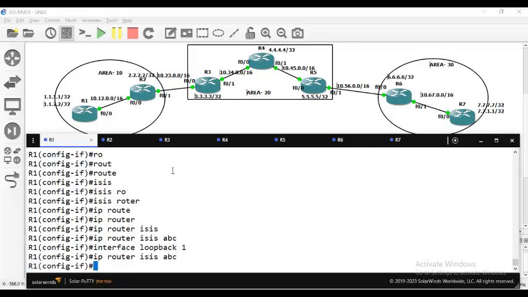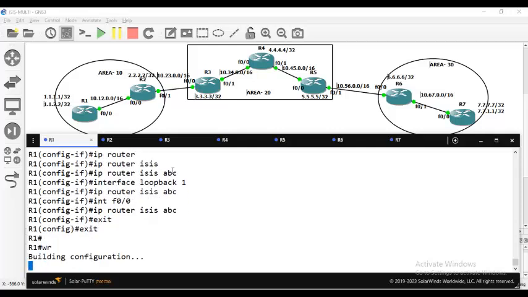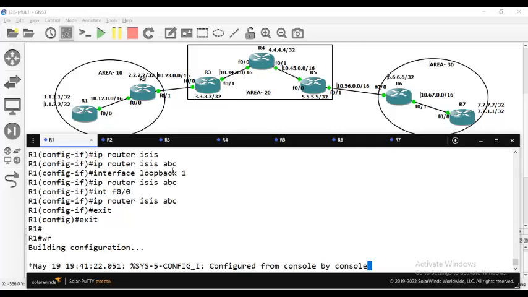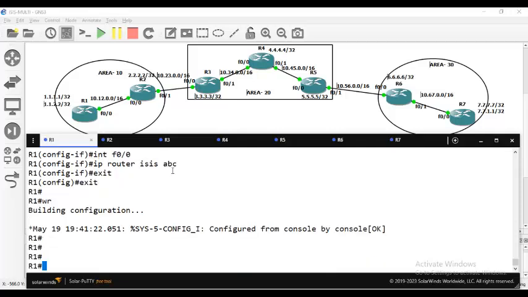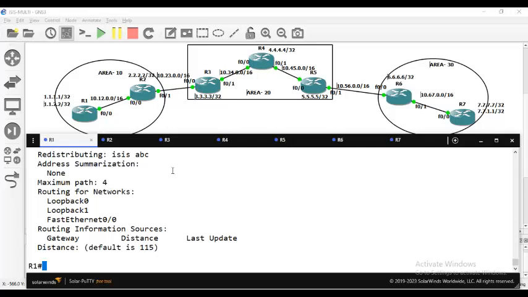First, let's see, show IP protocol. This shows that these 3 interfaces are running ISIS. You see the administrative distance of ISIS is 115. If you have equal cost, this also supports up to 4, like any other protocol.